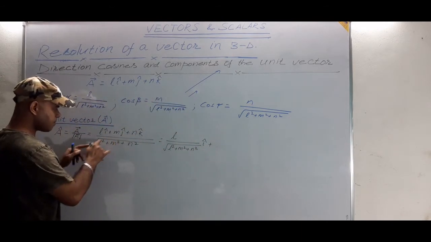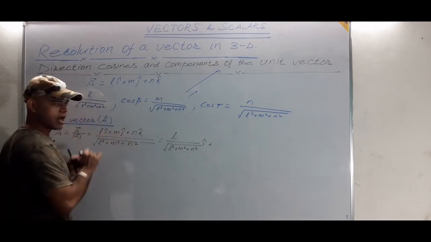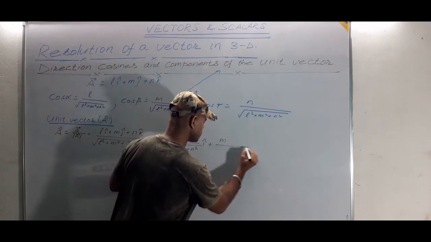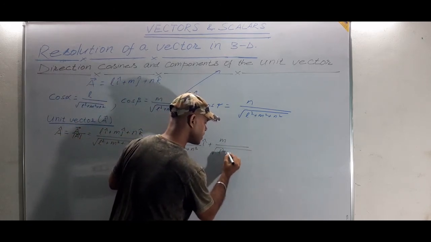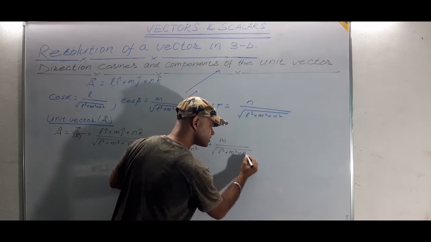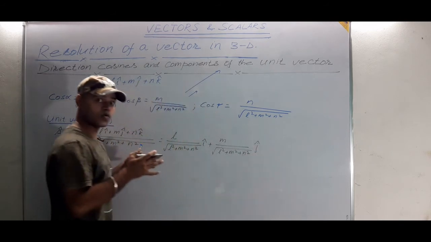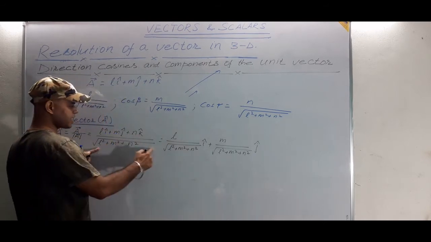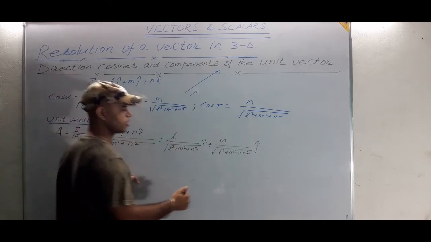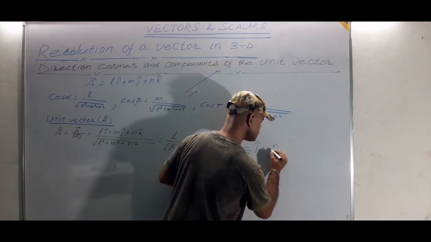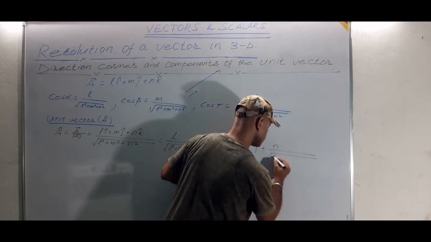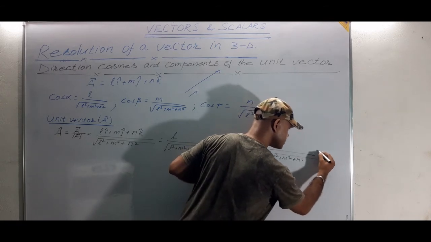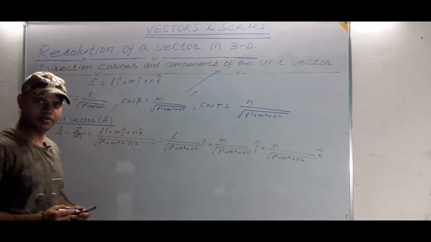Similarly, m upon the magnitude times j cap gives its y component: m upon root of L square plus m square plus n square, j cap. Similarly, n upon the magnitude times k cap is its z component: n upon root of L square plus m square plus n square.